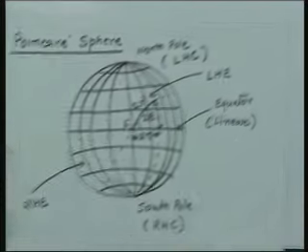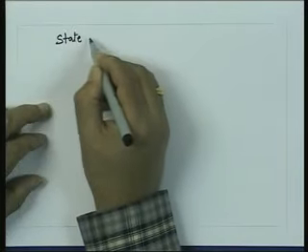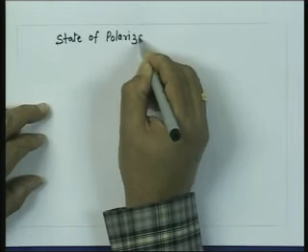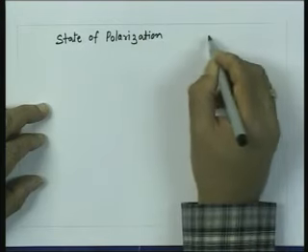So, now if I specifically write how the orthogonal states of polarization will look like. So, we have state of polarization and we have orthogonal state.